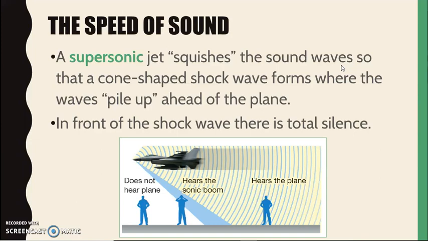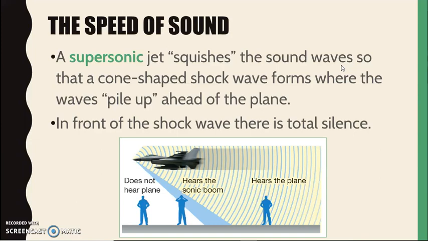So when you have a rocket or a jet and it's actually flying faster than sound, it squishes up those sound waves, it gets ahead of those sound waves, and we end up with this weird shock wave forming where everything just piles up at once. And then we hear that when it gets to us as a huge sonic boom.